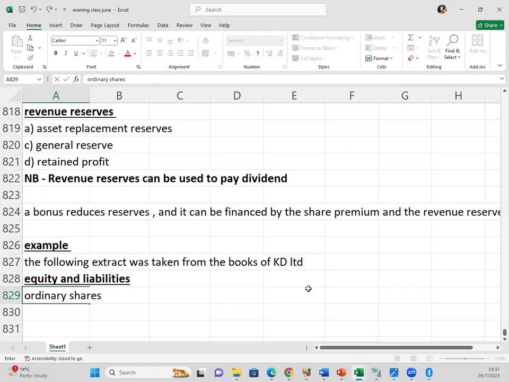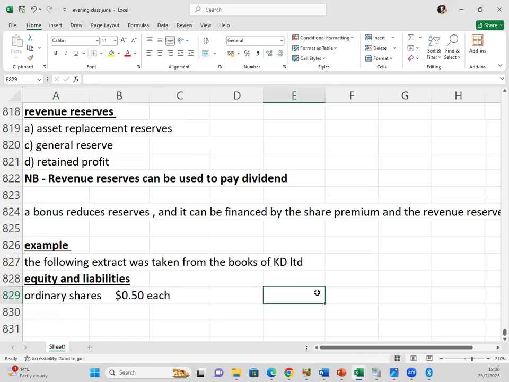Ordinary shares, let's say these are of 50 cents each.